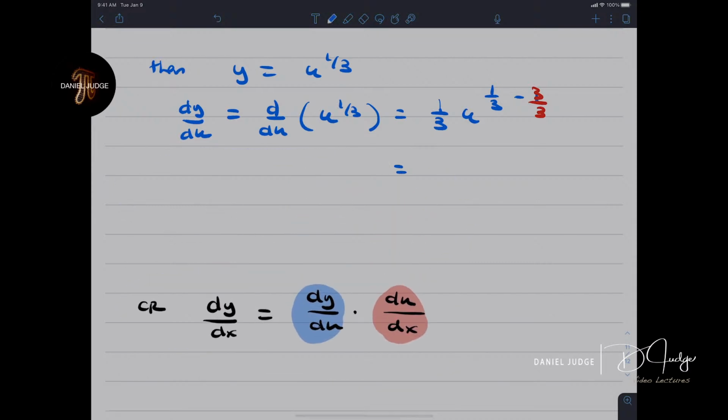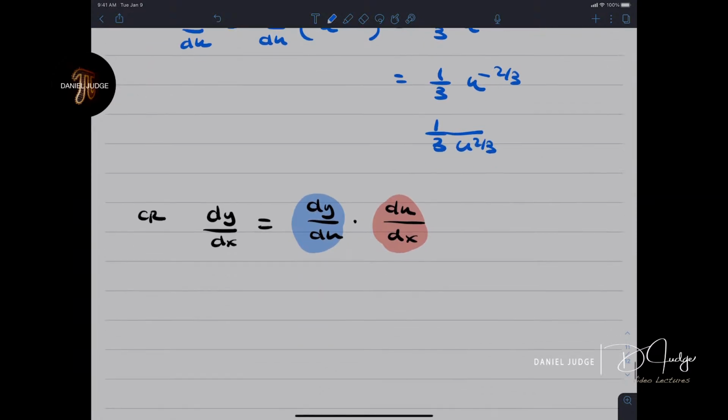So 1/3 u to the minus 2/3, or 1 over 3 u to the 2/3, which is 1 over 3 cube root u squared. There we go.